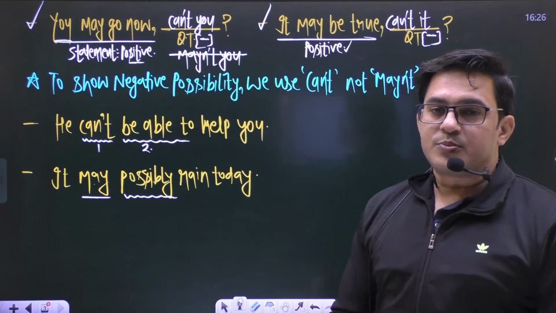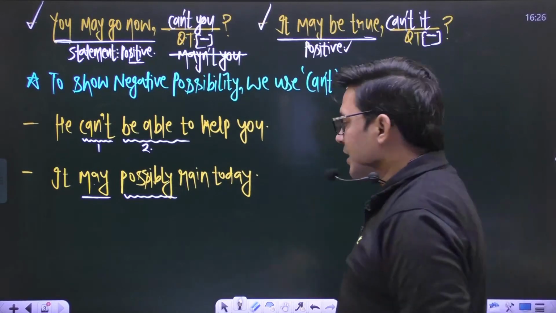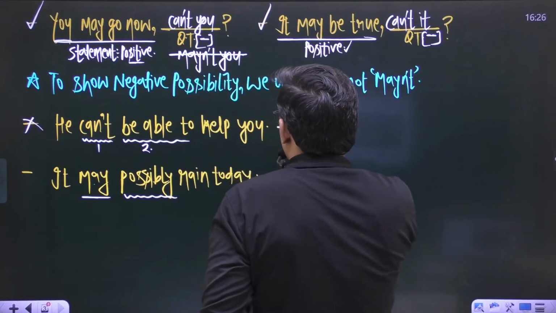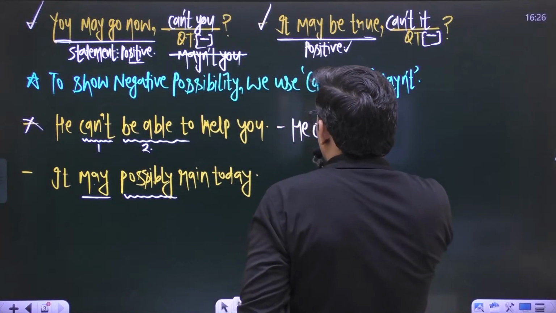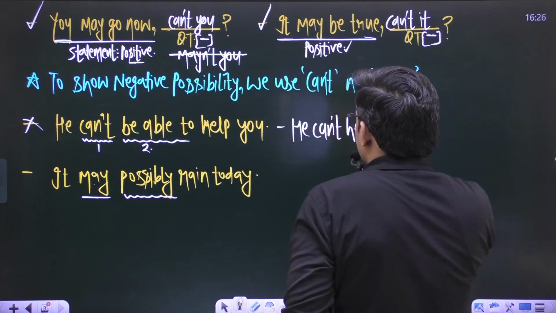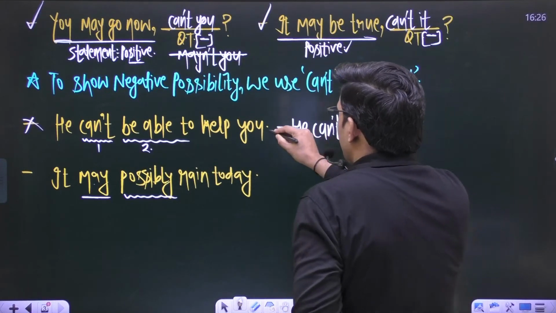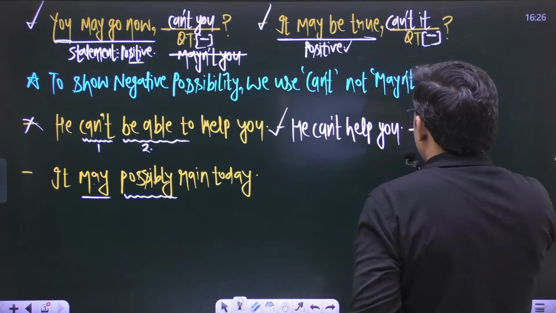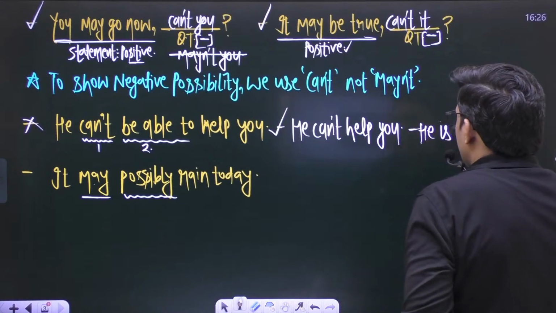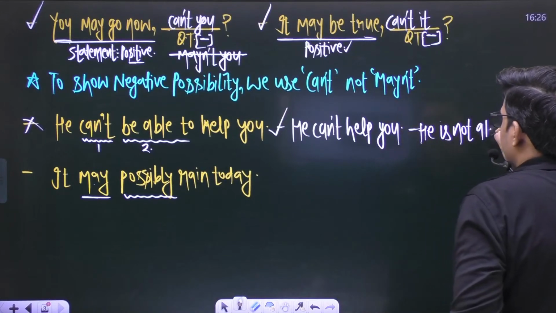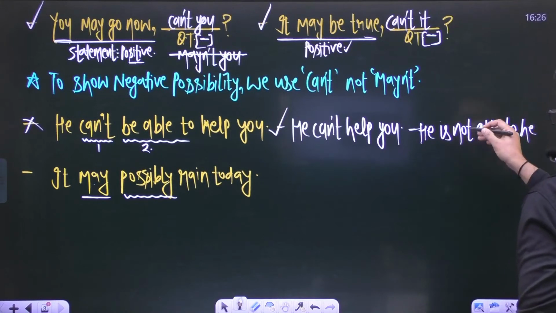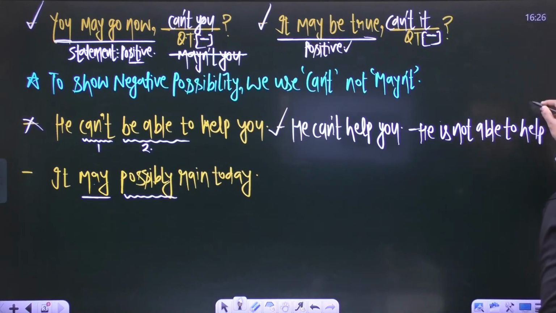If you want both the sentences, you can speak like this: he cannot help you, or just say he is not able to help you. Both the ways can be okay in this sentence.